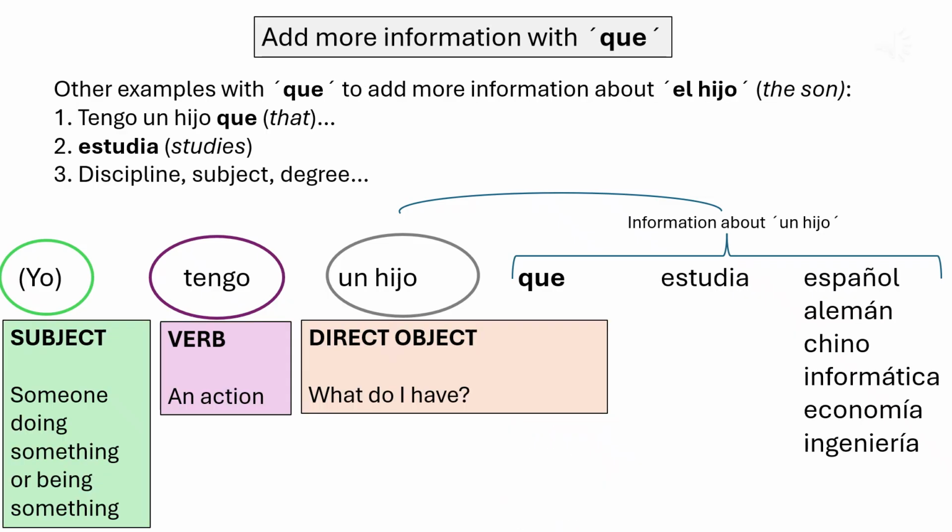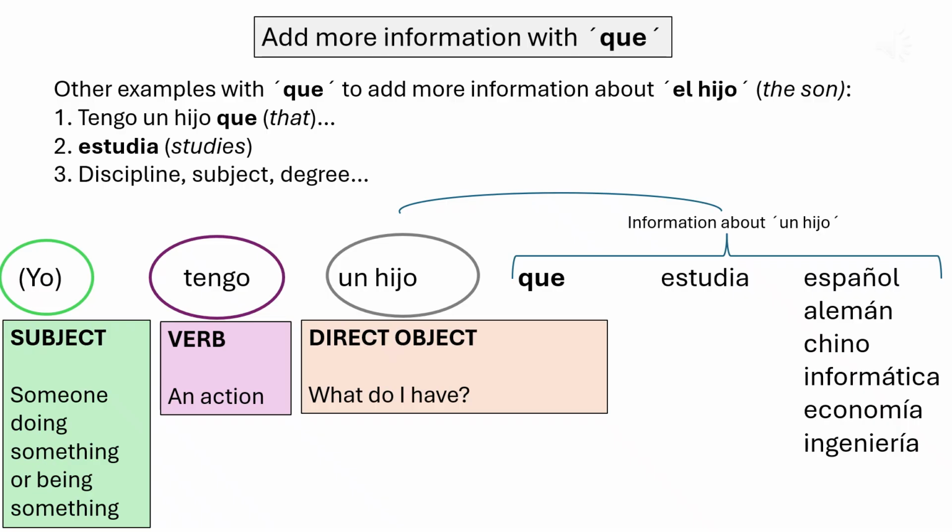Another example, yo tengo un hijo que estudia español, o yo tengo un hijo que estudia alemán. Yo tengo un hijo que trabaja en China. You can add many more. You can make even more combinations than you did before because now you're talking about someone else, maybe a friend or your wife, your husband, your neighbor, your cousin, anybody.